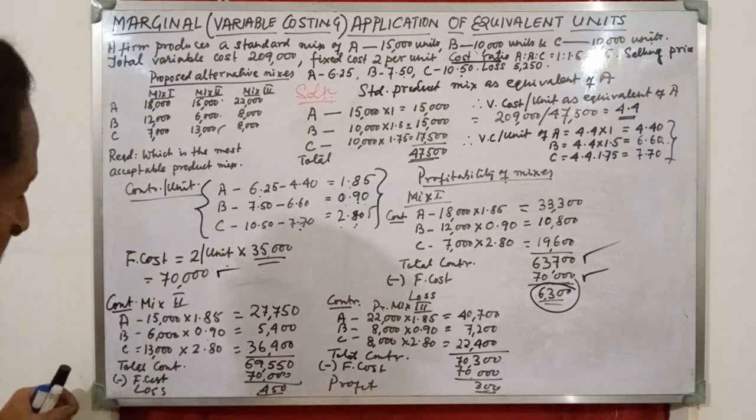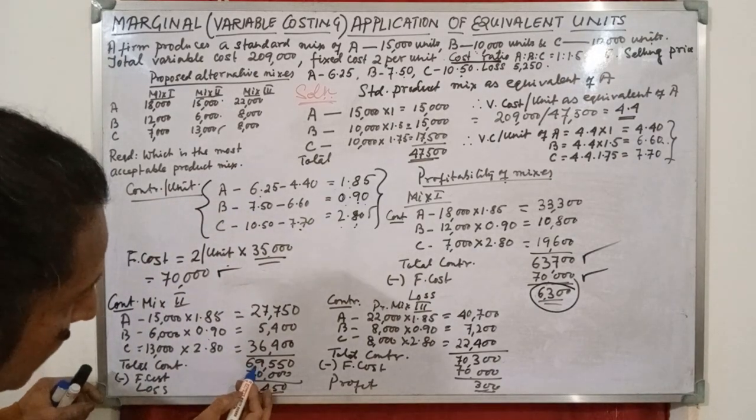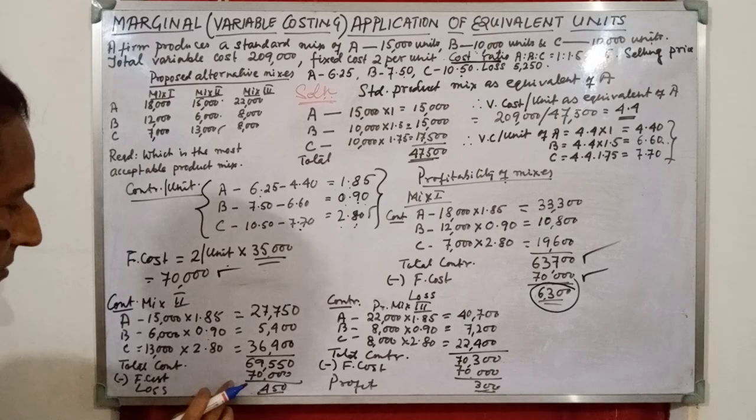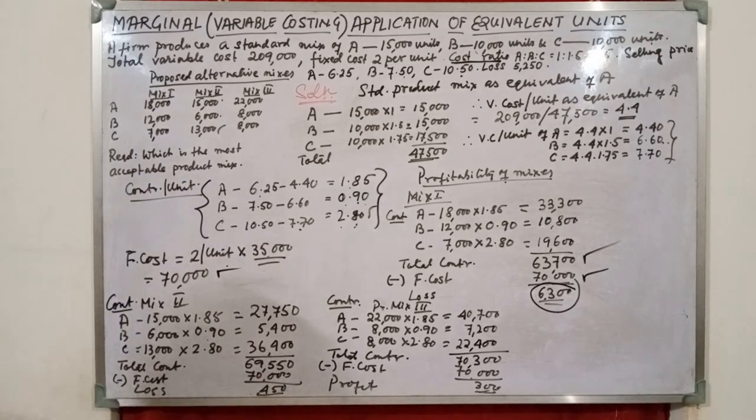So we get the total contribution as 69,550. From total contribution we have deducted the fixed cost, which is 70,000, and we see that it is giving a loss of 450.